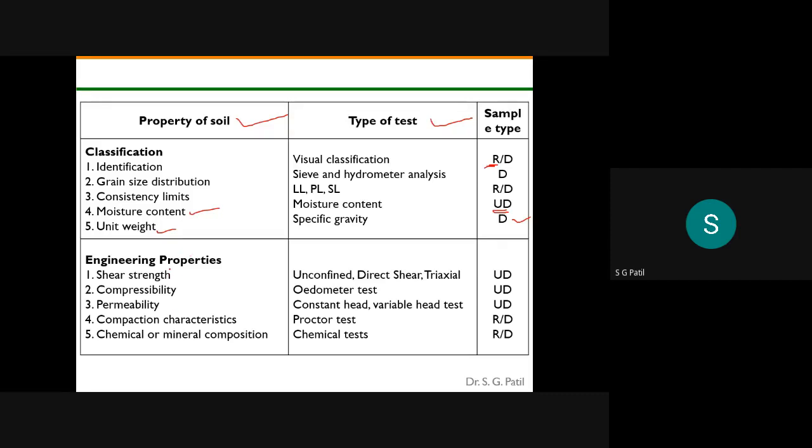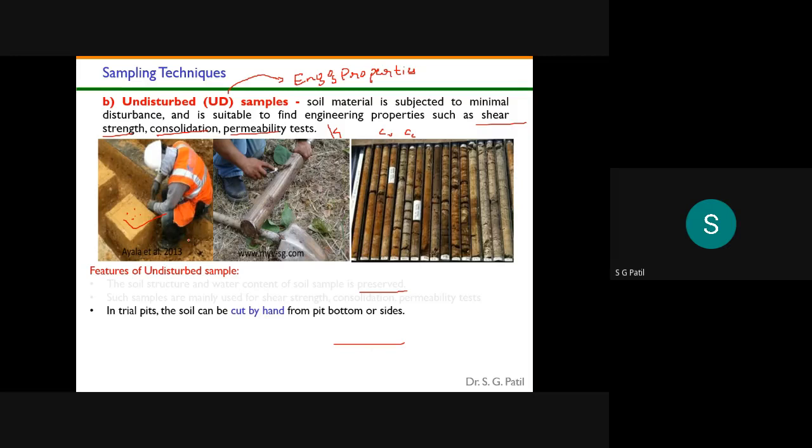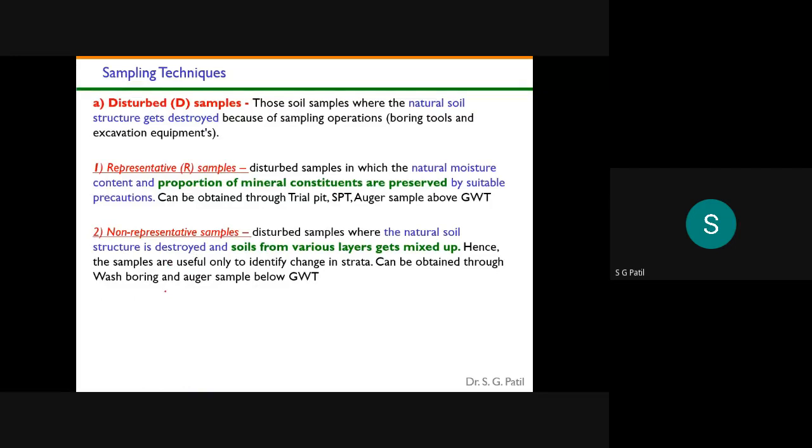Anyway, this table is not from the scope. It is not that they will ask these kinds of questions in the examination, but just for your knowledge purpose, I have put this figure. From the exam point of view, these are the important parameters: they will ask you to define undisturbed sample, or to write down the features of undisturbed samples, or to define what is a representative sample, or a non-representative sample, or what are disturbed samples.